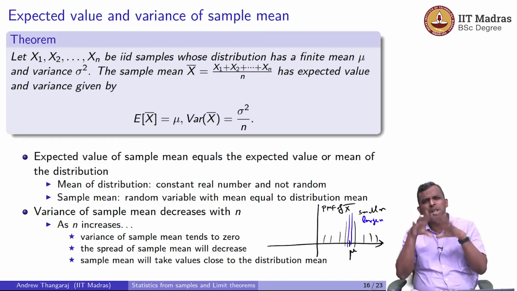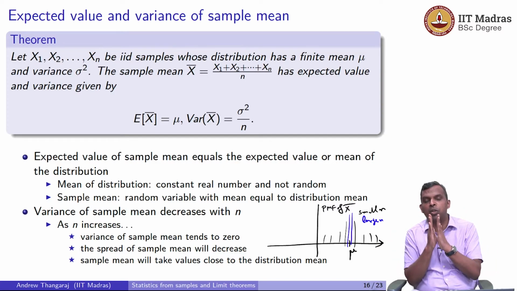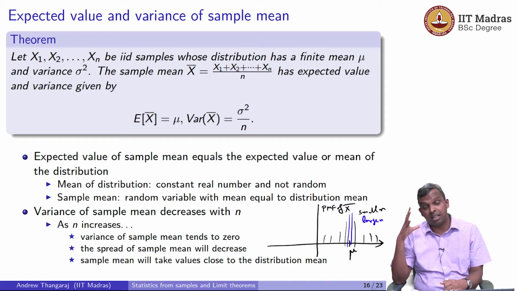The actual distribution we don't know. It may have some PMF taking some value, but we know that the spread of the PMF is going to be really small. It goes down as sigma squared by n. So one statement you can make very nicely is, as n increases, the values taken by the sample mean, as the samplings change, will always be close to the distribution mean.